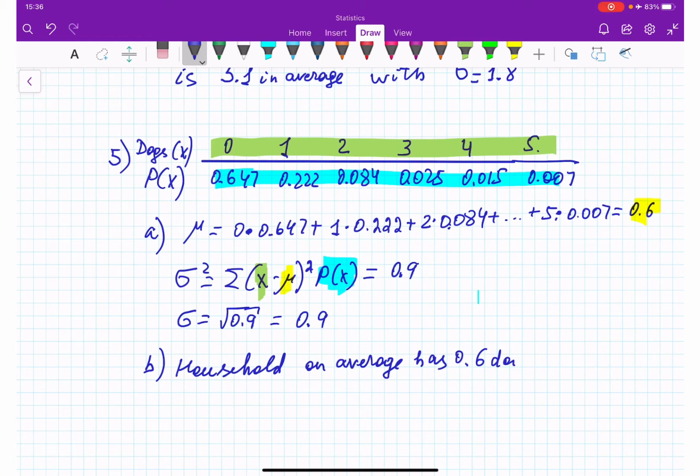Again, it's not that one has 0.6, it's just an average, right? One has 2, one has 5, one has 1. So if you add them up and divide, it's going to be 0.6 dogs, with standard deviation 0.9.